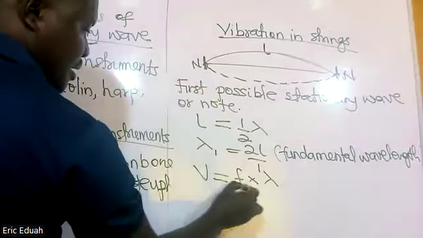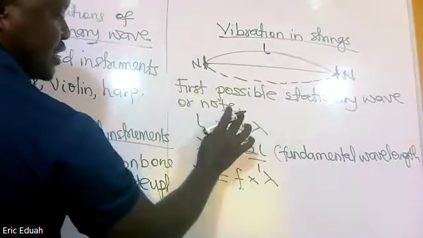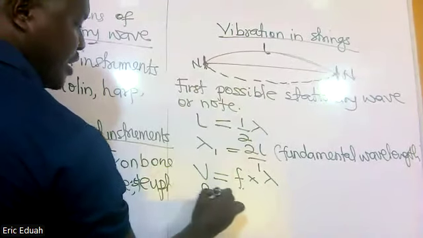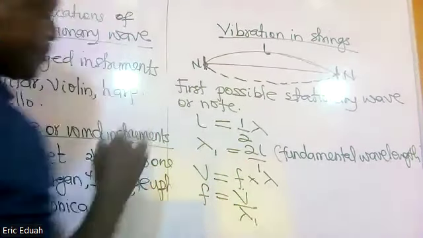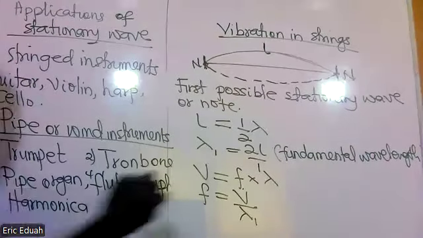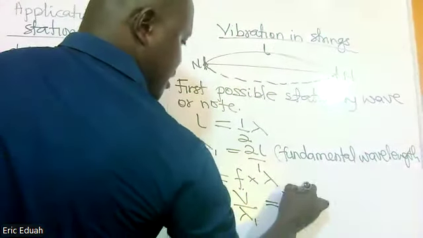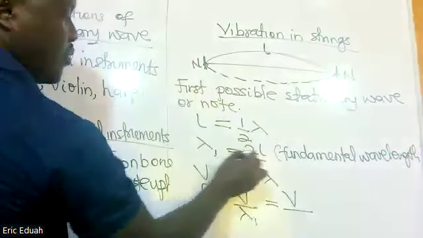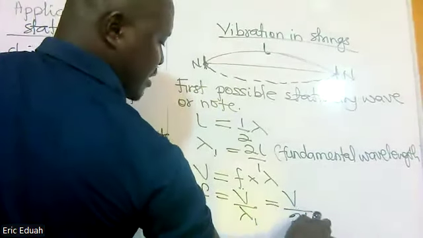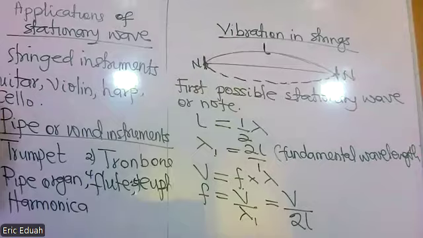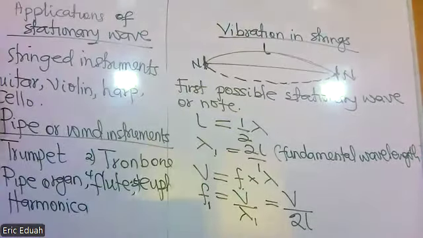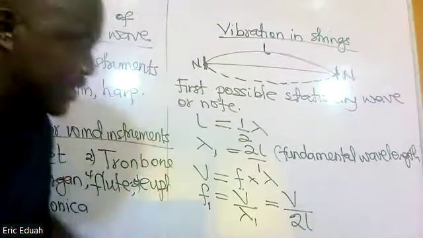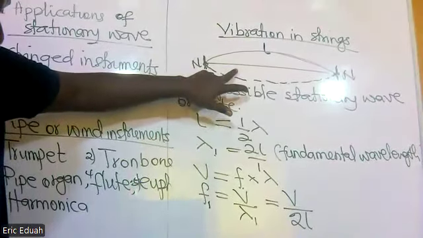So, to determine the frequency which will form this, F must be equal to V over lambda 1, where lambda 1 is equal to 2L.